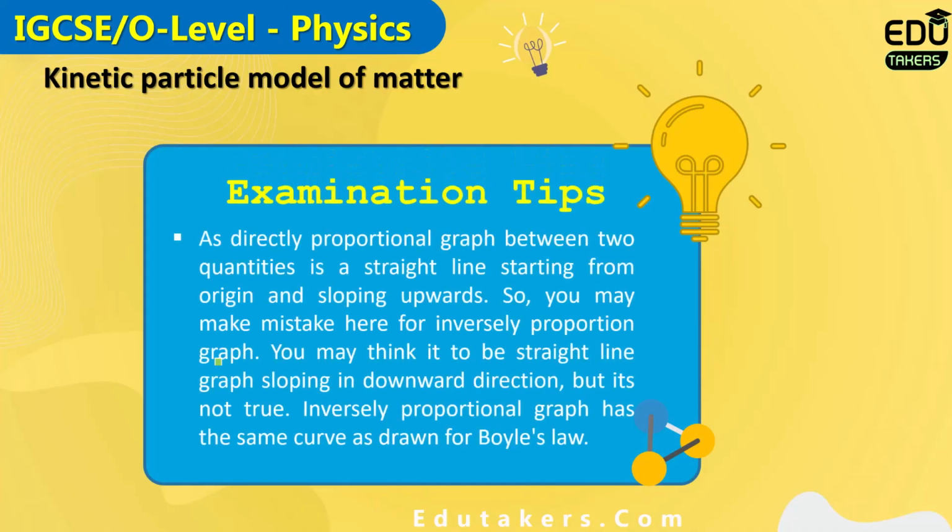Here is the examination tip. A directly proportional graph between two quantities is a straight line. When you draw the graph between two quantities and the relation between both of these is direct, it means that by increasing one quantity, the other also increases. It is just like the relation between the temperature and the pressure at constant volume.